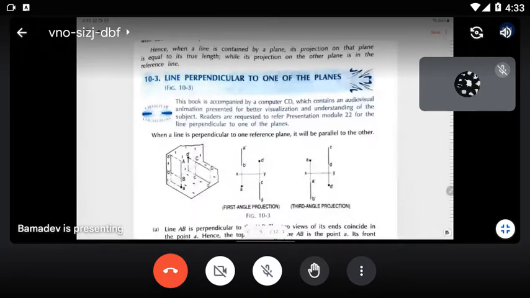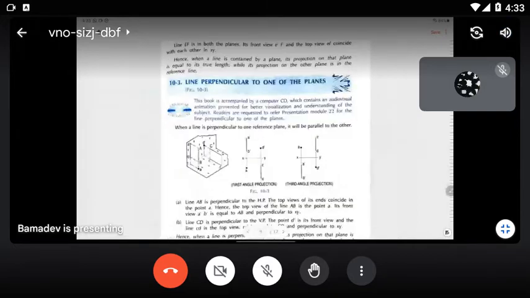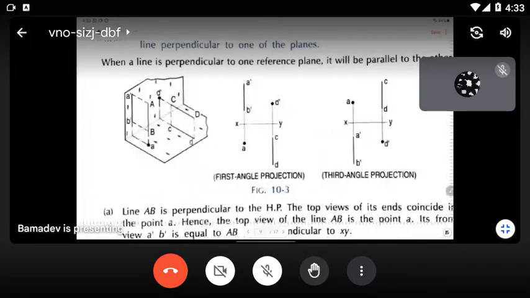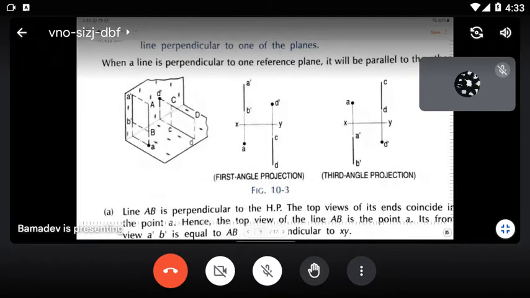Line perpendicular to one of the planes. Now you observe the straight line AB. What is its position? This is perpendicular to which plane?